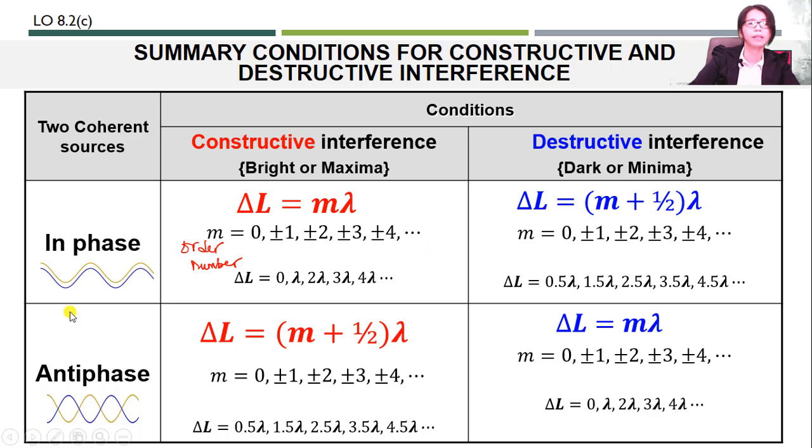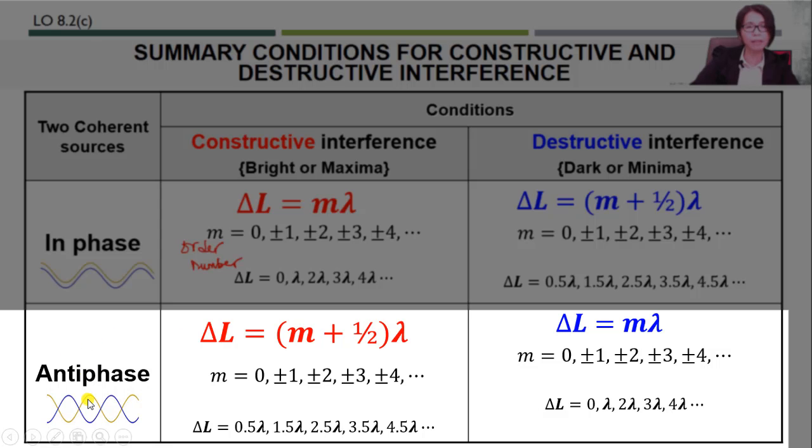Okay? Then, if you have antiphase coherent sources, in order to obtain a constructive interference, our path difference must equal m plus half lambda. It means that if the path difference between the light rays is 0.5 lambda, 1.5 lambda, 2.5 lambda, then we will obtain a constructive interference.